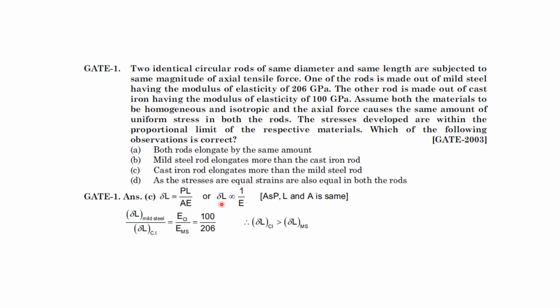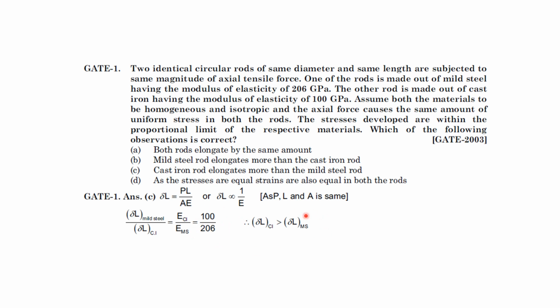So delta L is proportional to 1 by E. So for the ratio of mild steel to cast iron, since it is inversely proportional, we can write E of cast iron by E of mild steel, that is 100 by 206.